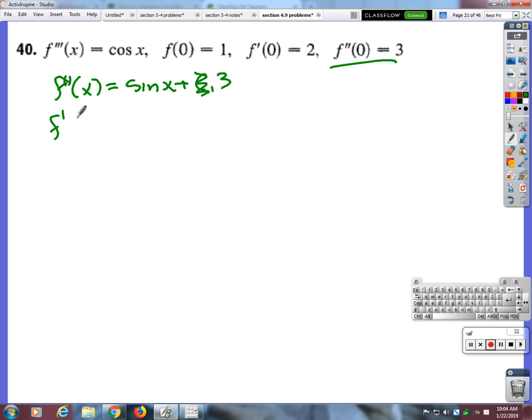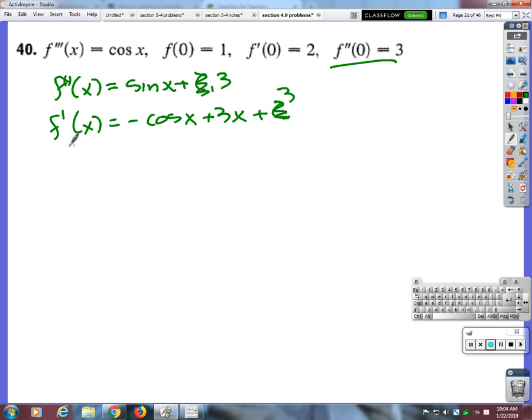Then that means the first derivative is going to be negative cosine x plus 3x, because we know now, plus c. So now let's plug in the first derivative stuff into that. Negative 1 plus c equals 2. Okay, so c equals 3 again.